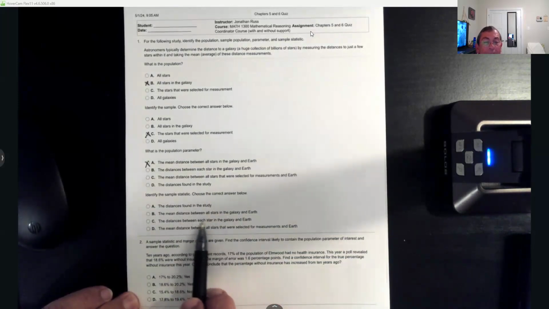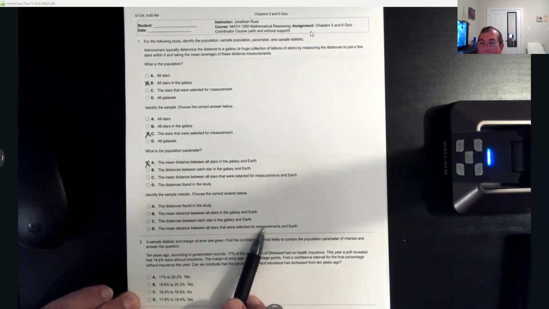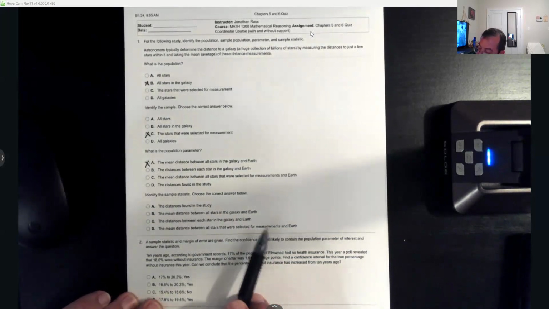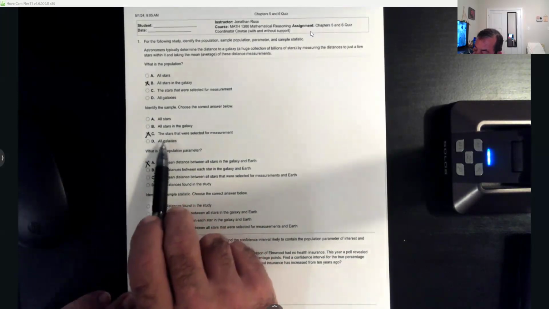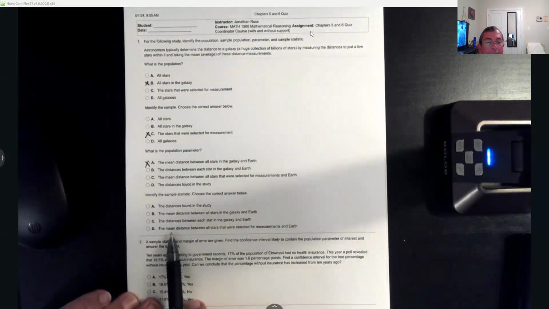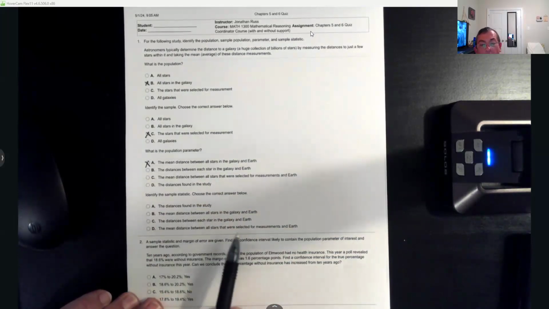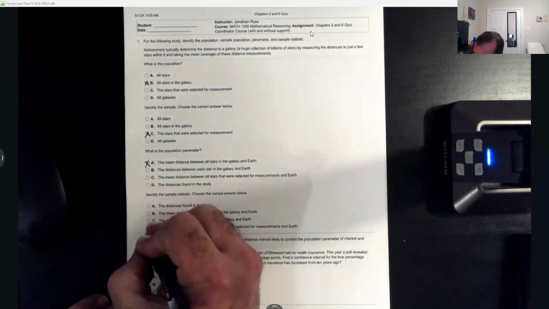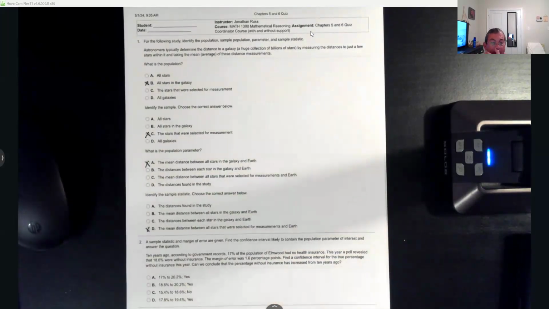Well, we can't measure each star in the galaxy. So the mean distance between all stars that were selected for measurements in Earth. So once again, if my sample was the stars that were selected, then my statistic is going to be the mean distance between those stars that were selected. So you would go with a D on that one, okay?